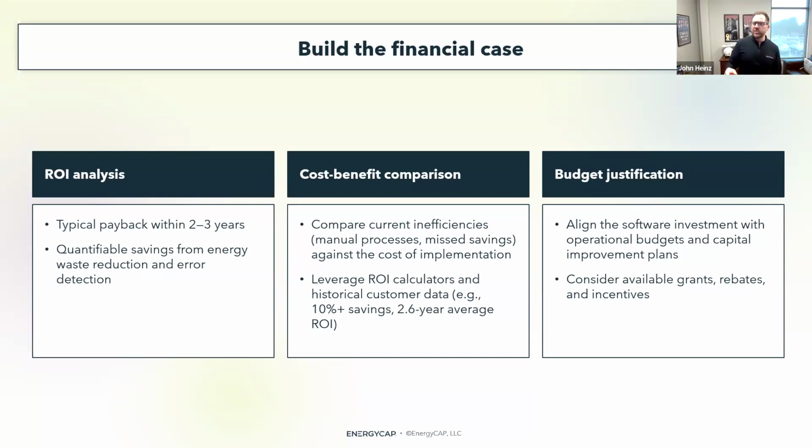There's also budget justification. Every organization is a little bit different on how they go through allocation of budget, get budget approvals, all those kinds of things. It's really helpful to understand what you're budgeting for operational and capital improvement budget categories.